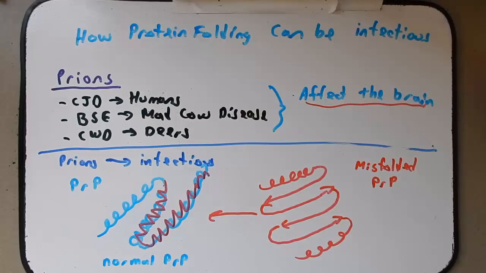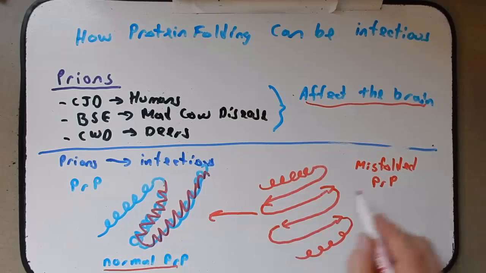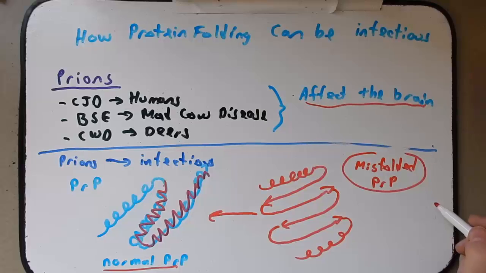And in doing so, it makes these normal proteins now misfolded and capable of causing the disease. And so in this way, one or two misfolded proteins can go through the system and cause the properly folded proteins to misfold.